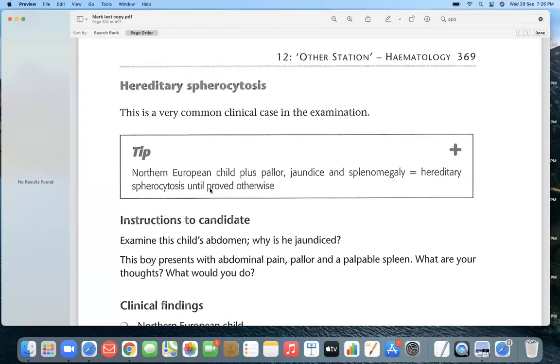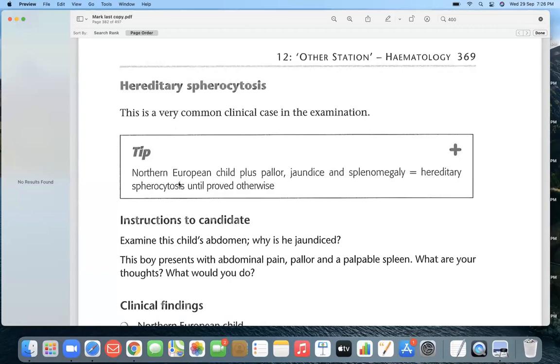This is a very common clinical case in examination. Tip: Northern European child plus pallor, jaundice and splenomegaly. One thing we were reading was ethnicity, so usually European children will be there. But the case I presented was from Thailand, so I gave the name as Yap, and for that I put malaria also.